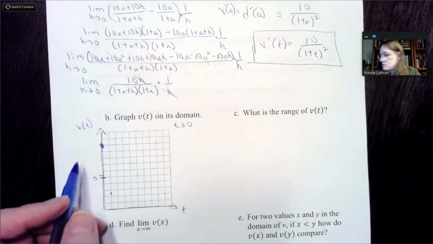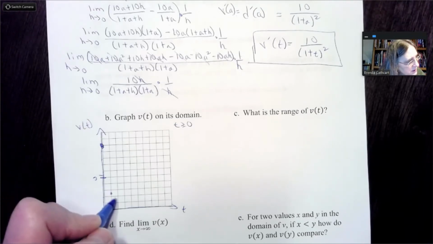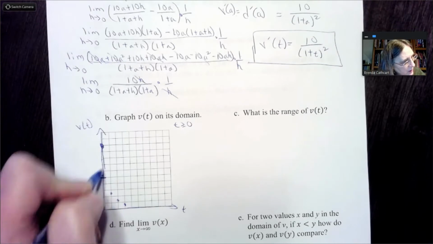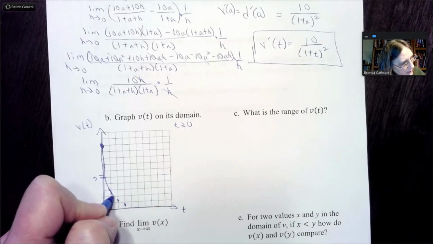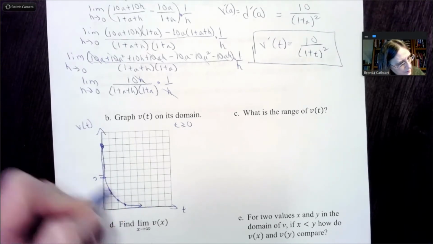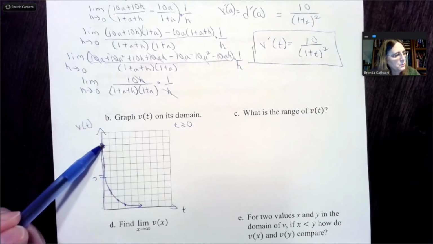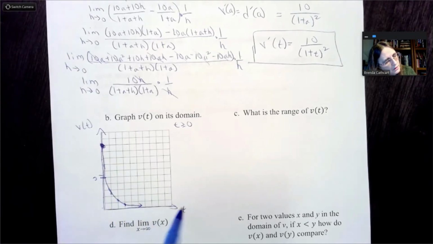When t is 2, we're going to get 10 ninths. And when t is 3, we're going to have 10 over 16. And so our graph looks like this, starting at the point (0, 10) and continuing infinitely in the positive direction.